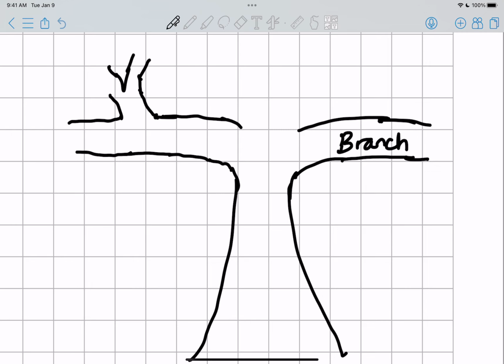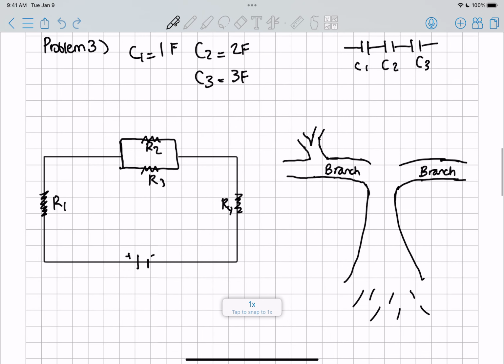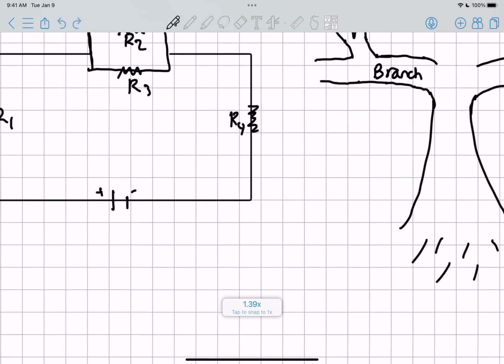So here's that initial branch, and then it branches off like that. Here is where I can explain it and relate it to a tree. We start off with the roots, the battery.